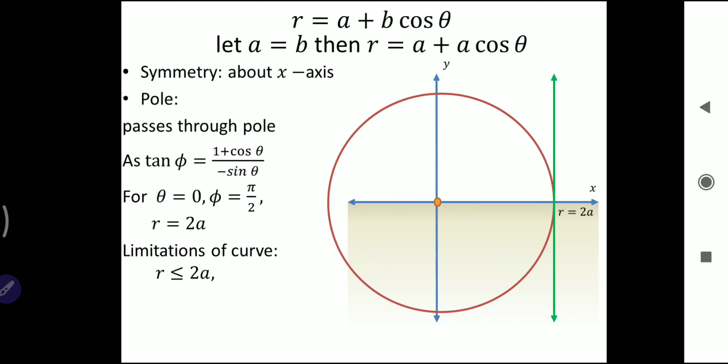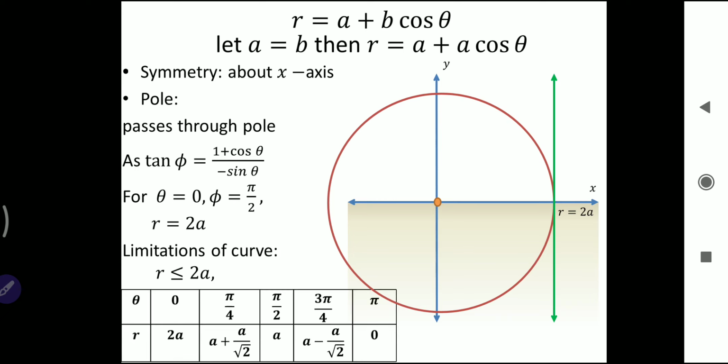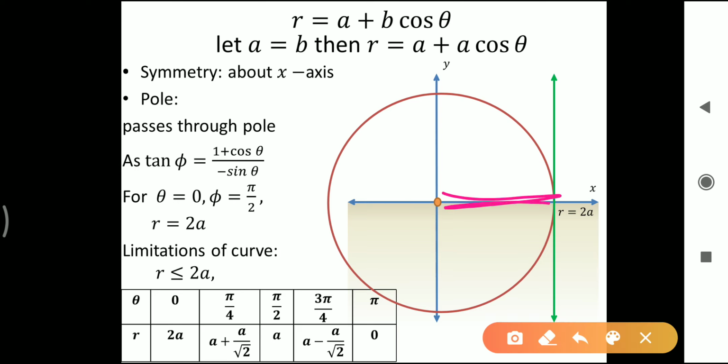This is the maximum value of r in which we are going to have our curve, and these are some points where we are going to plot our points. So when theta is 0, r is 2a; this is the length of the radius vector.